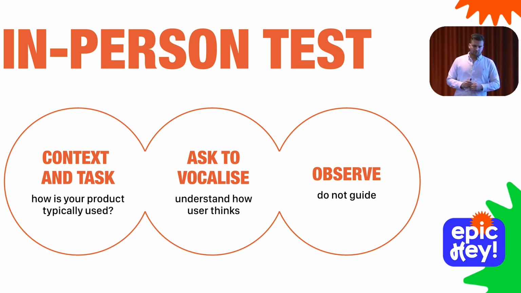Now, why do you need it? Because if you don't give the user a task, they'll just start wandering around the app, trying to click here and there, and you probably won't get the results that you're looking for. And the context is important because, as you may know, different people use different apps in different environments.